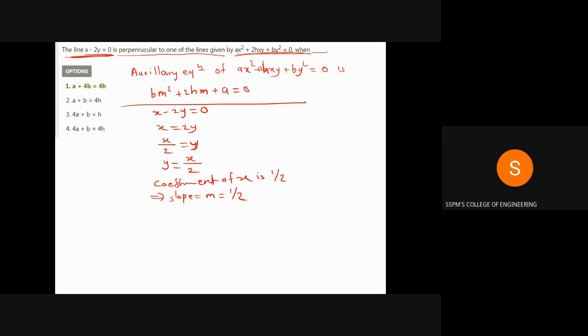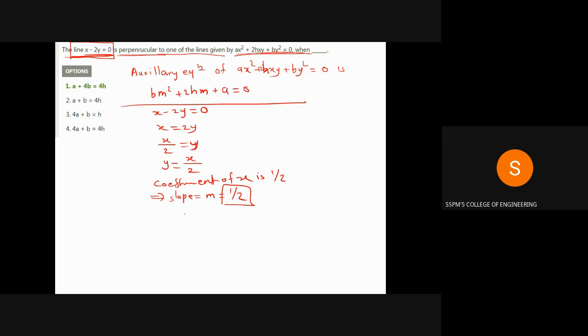So the line that was given in the equation, its slope is half. But another line is given which is perpendicular to the line.